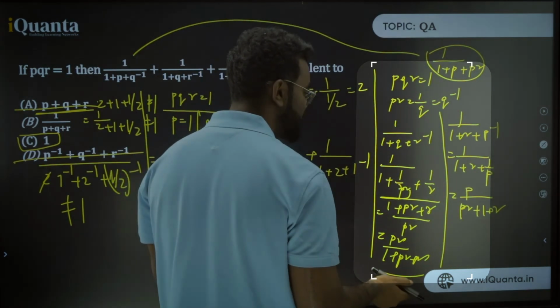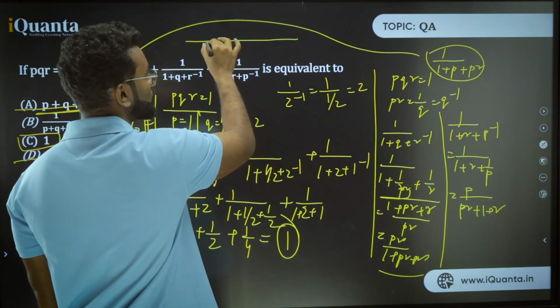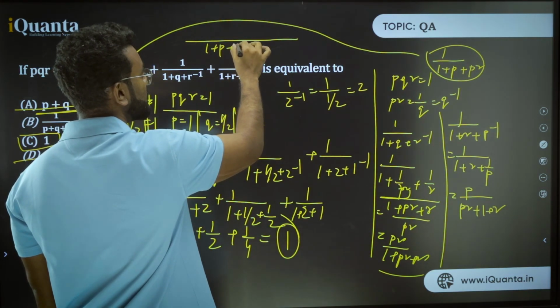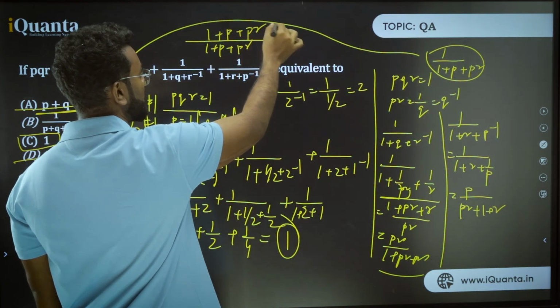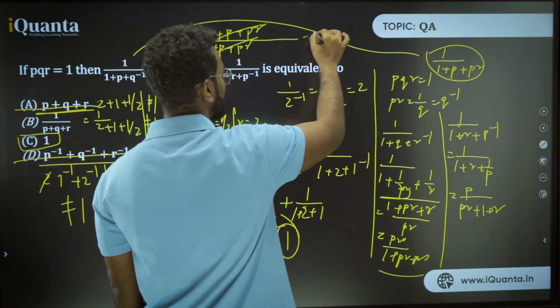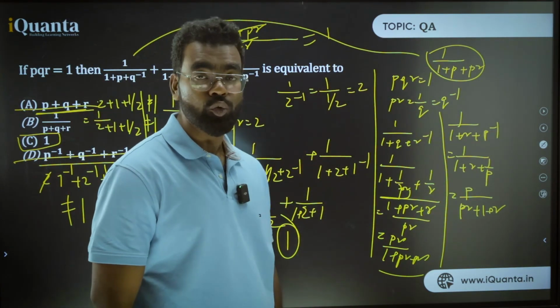Now if you're adding all of these, the denominator is 1 plus P plus PR, and the numerator also becomes 1 plus P plus PR. Now this can get cancelled out if it is not equal to 0, so your answer will be 1 also. This is the alternate method which you can use here.